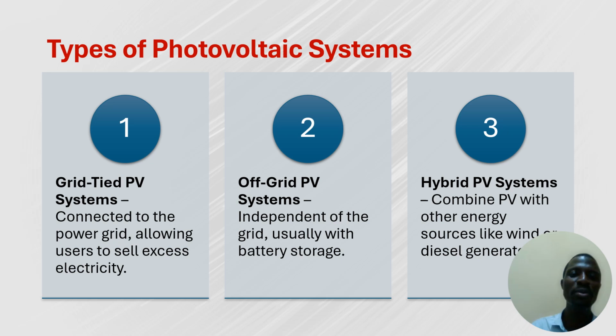Then we have off-grid PV systems, which are independent of the grid, usually with a battery storage. Most of us have this commonly in our homes. Then we have the hybrid PV system, which combines PV with other energy sources like wind, diesel generators, petrol generators and the likes.